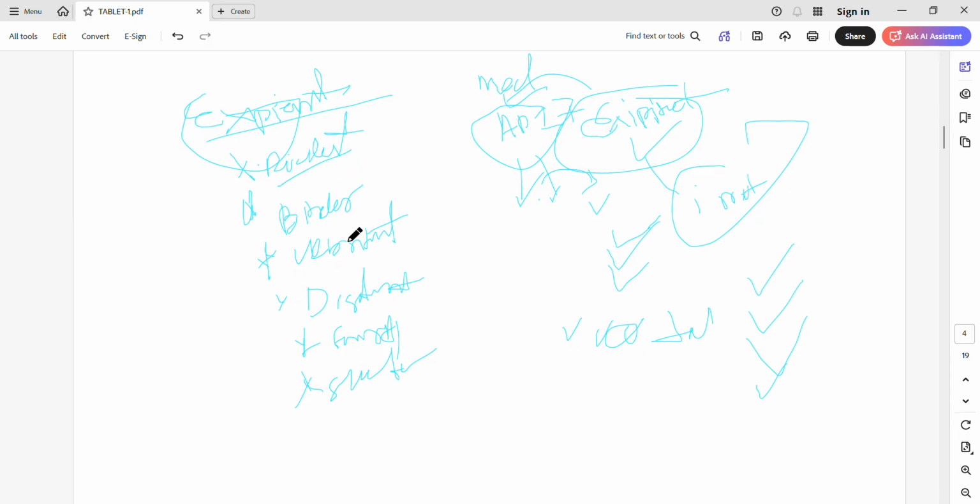At first, diluent. Diluents are mainly used to maintain the proper size of the tablet, uniform size and bulkiness to the tablet.